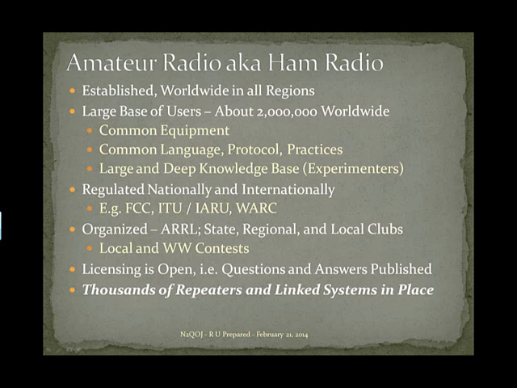Furthermore, we have link systems that are gateways to other systems around the world through the internet. So you can talk on your handheld radio, access one of these local systems, and then be talking into Tokyo or Stockholm or Apache Junction. It doesn't really matter. It's established, and why wouldn't you want to make use of that, especially in your planning for emergency operations?